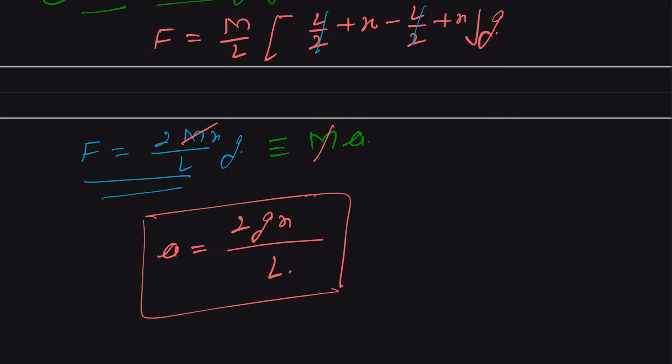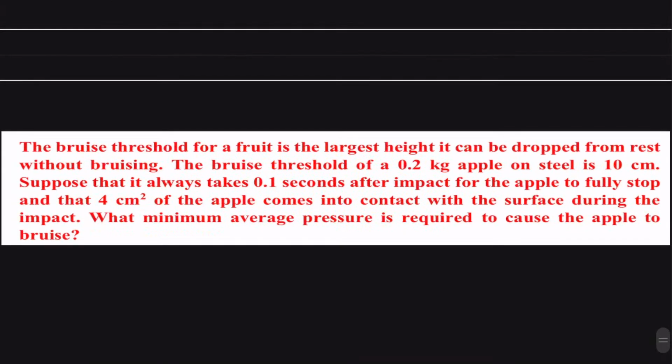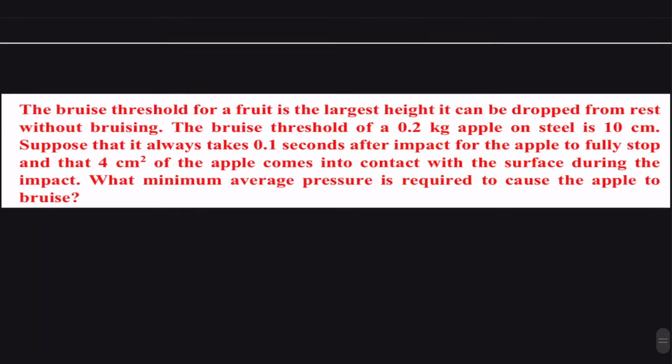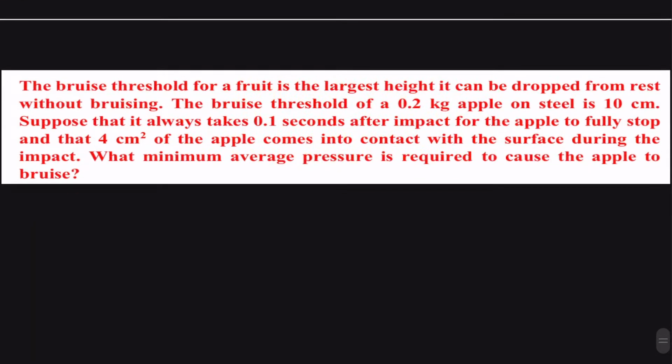Okay. And now we come to the next question. In this question it is given that the bruise threshold for a fruit is the largest height it can be dropped from rest without bruising.